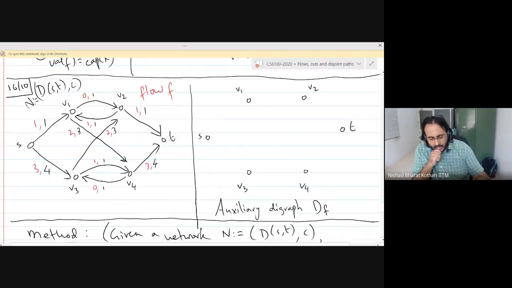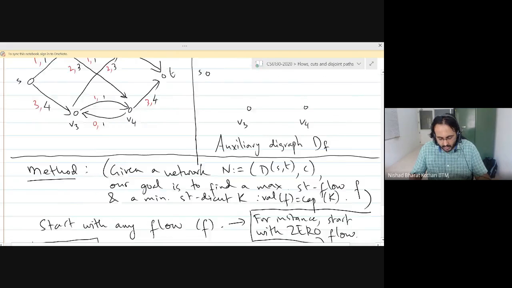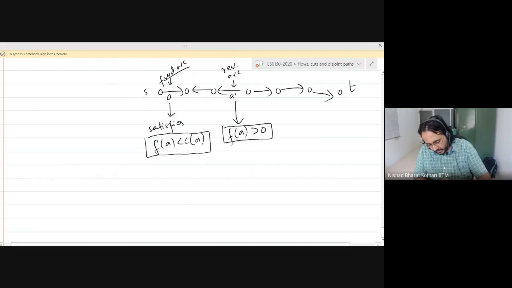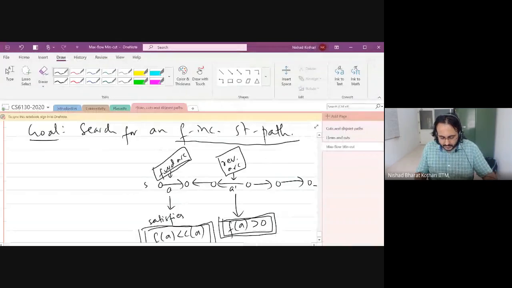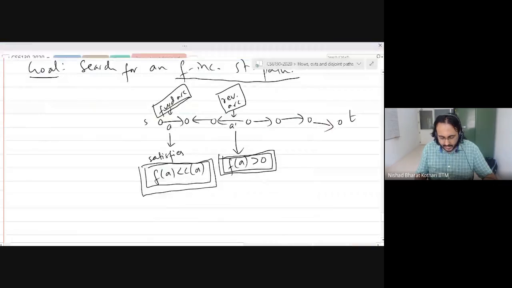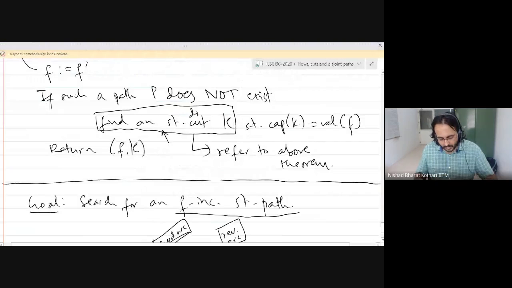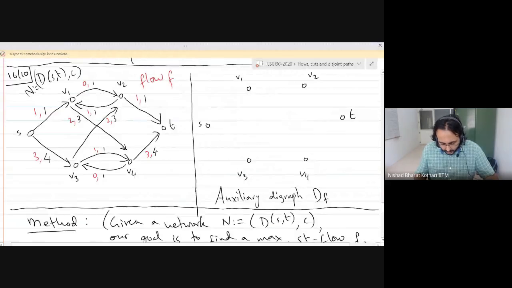Can anyone tell me how we should define this auxiliary digraph? Remember, the two types of arcs we are interested in are the arcs that satisfy this condition and this condition. But these have to be the forward arcs and these have to be the reverse arcs. So how should we define this auxiliary digraph? And I will tell you what we want.